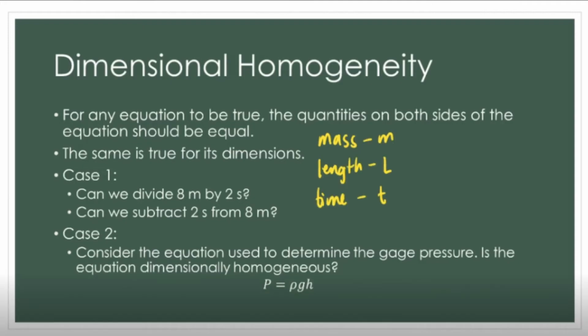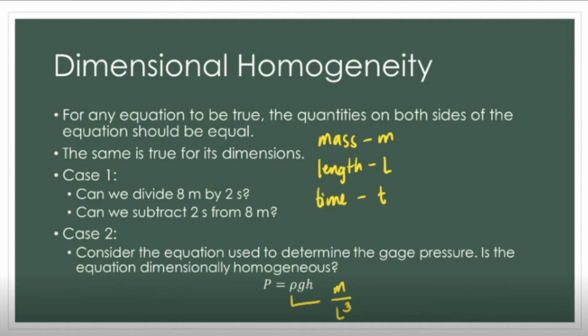For example, height or h can be represented as L because its base dimension is length. g can be represented as L over t squared because its base dimension is length per time squared. And finally, density is represented as mass over length cube. This is simply mass over volume, and volume is represented as length cube. We say that these are the dimensions of the aforementioned variables.